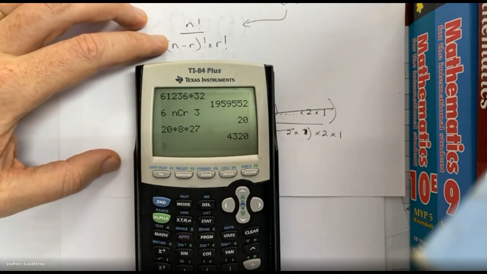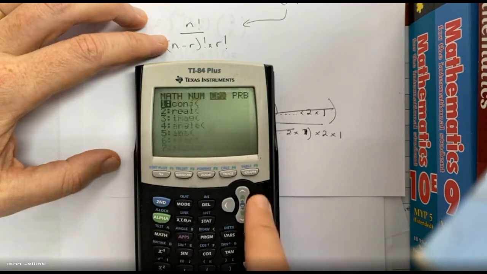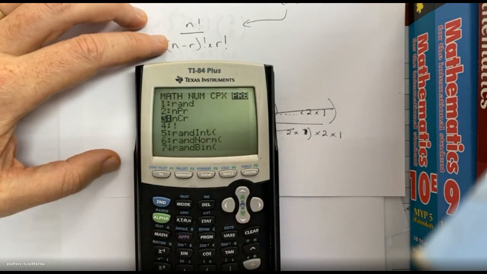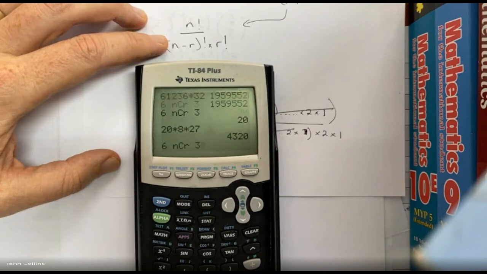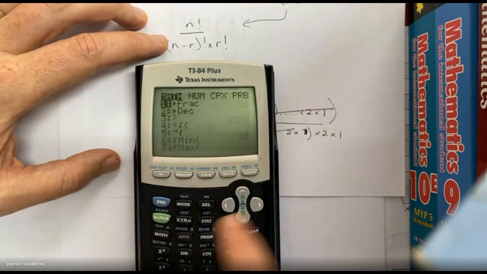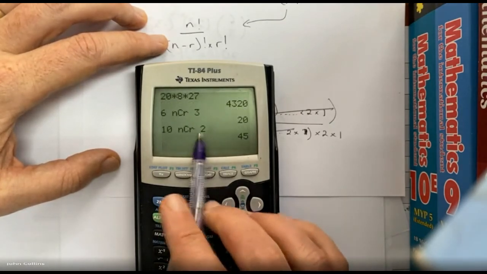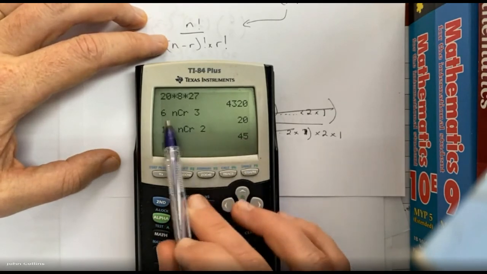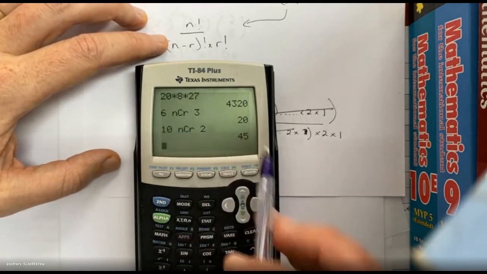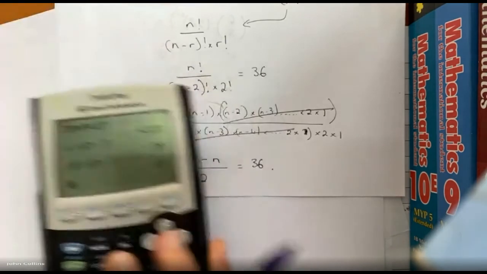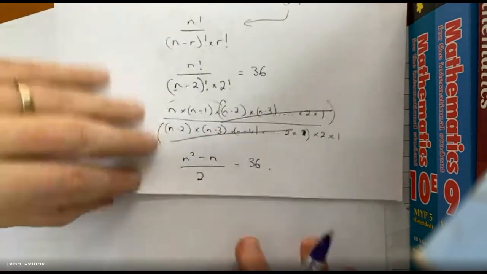So if you just started to do 6 choose 3, oh, that's not enough. And then maybe you went 10 choose 3, or is it 2? Sorry, it's 10 choose 2. Oh, that's too much. 6 choose 2 would have been too little. It's somewhere between those, and you know it's a whole number, so you could have just guessed.